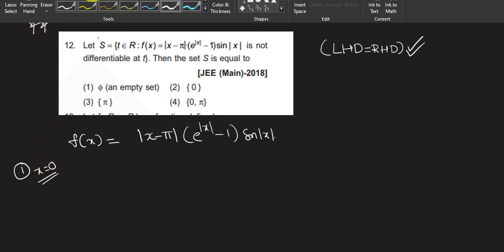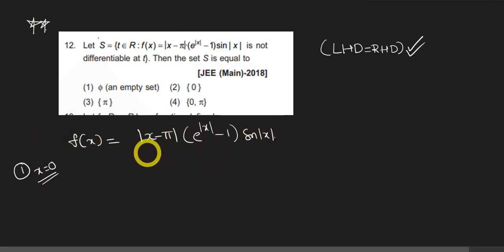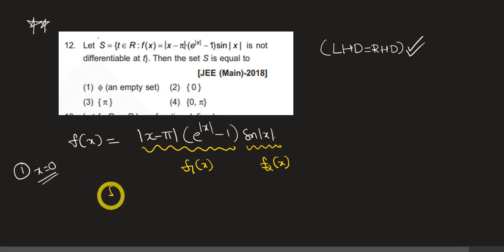For our convenience, I will consider this first part as my first function f1 of x, and this one as my second function f2 of x. At x is equal to 0, what is f1 of 0? That is modulus of 0 minus pi into e to the power of 0 minus 1.